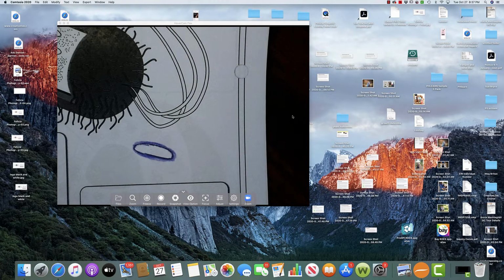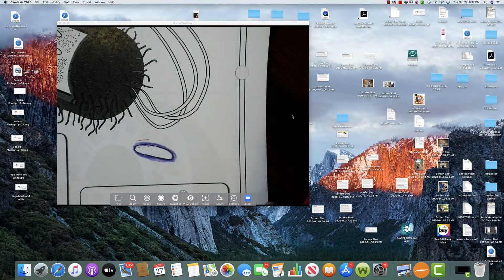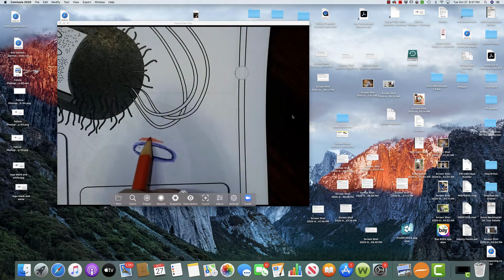Okay, so that is going to represent one of the structures that we're going to talk about in a second. And then I'm going to use some red. Oh, I won't use red because that is broken. I'll use some orange instead.